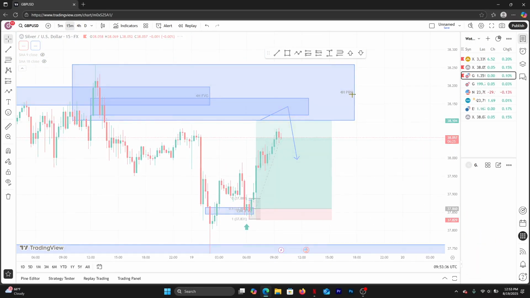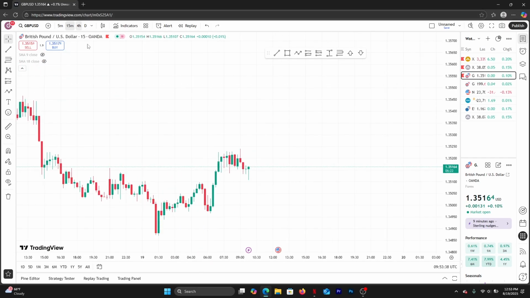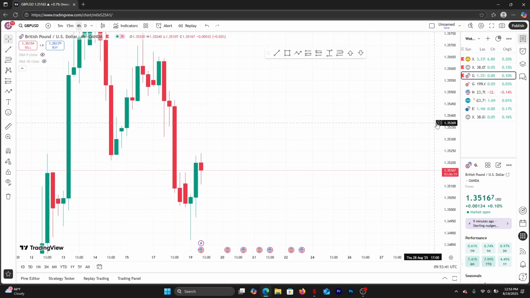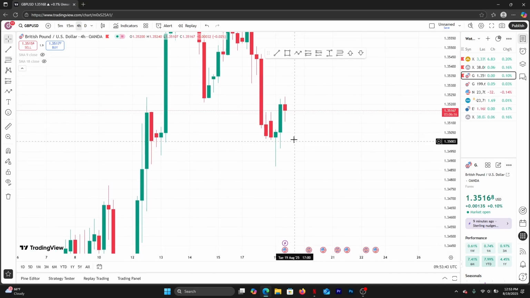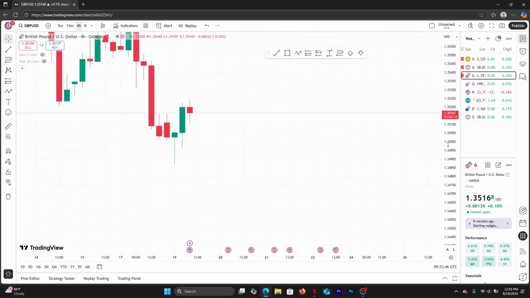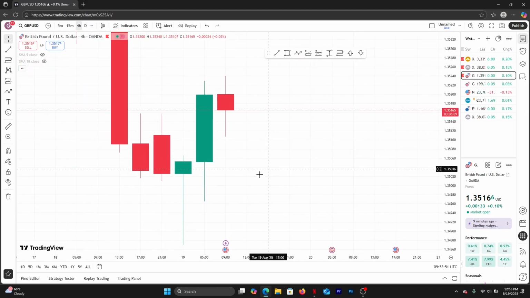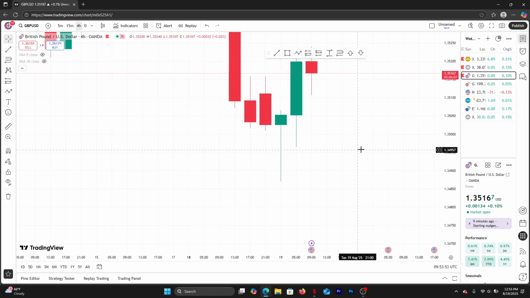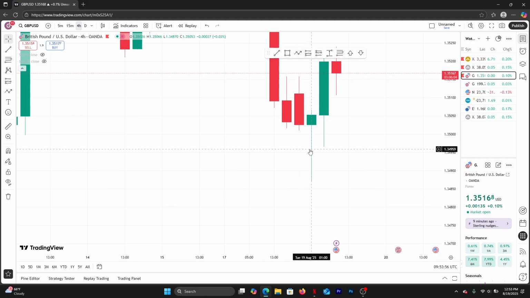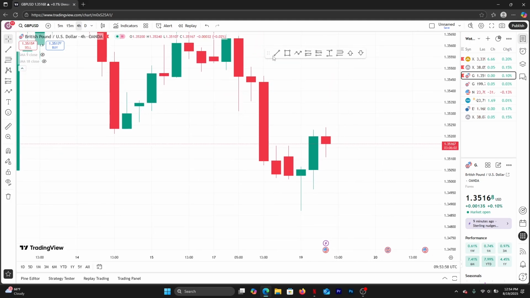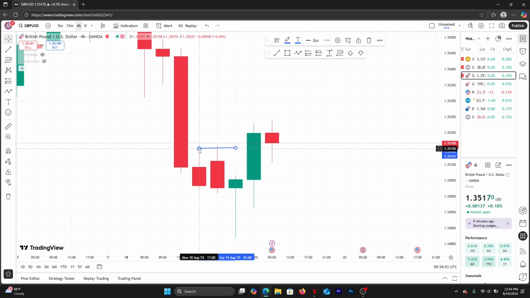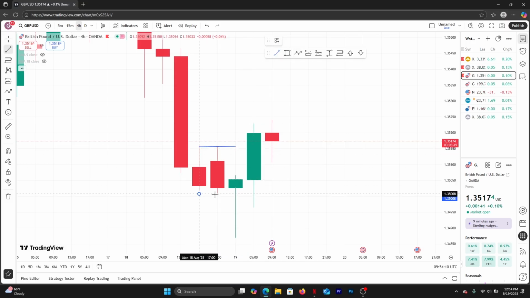Right, so going to GBPUSD, we had also something happening in this area. If you understand CRT high and CRT low, or the power of 3, this is a good opportunity to take an entry. We had this bearish candle, and then we had these relative equal highs, relative equal lows.